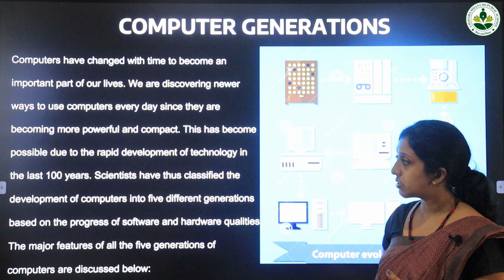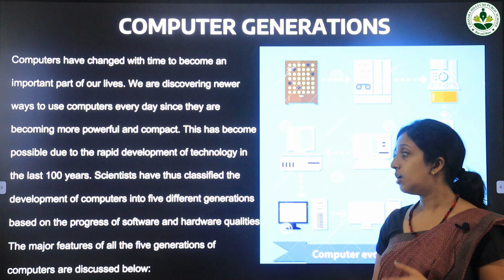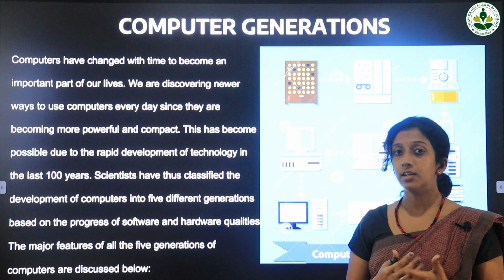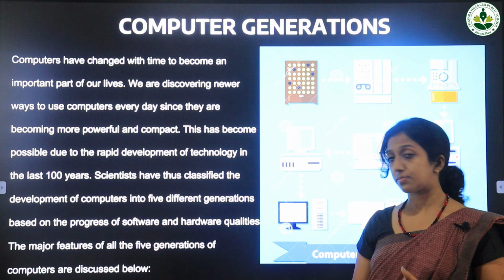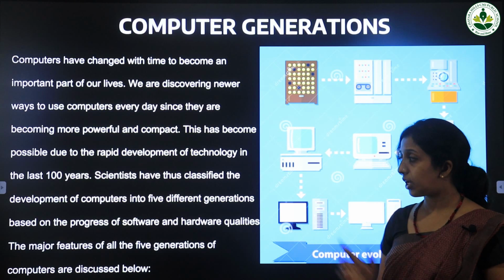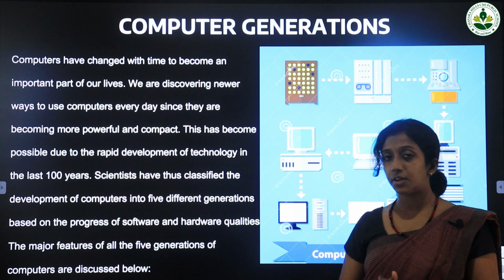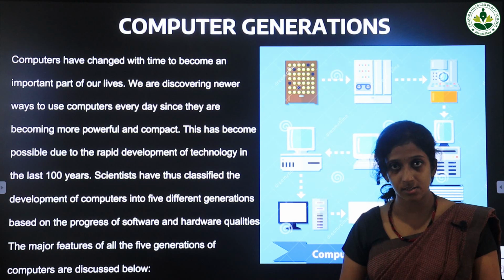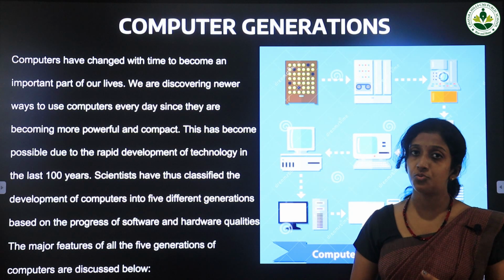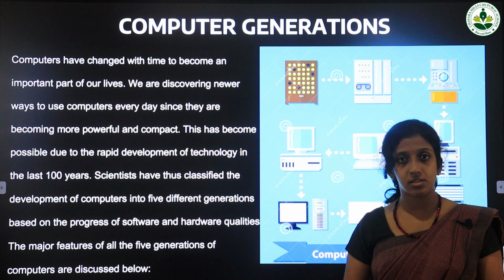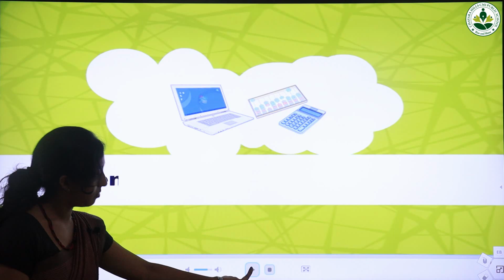Scientists have thus classified the development of computers into 5 generations based on the progress of software and hardware qualities. Next we are going to look at the 5 generations. That means the scientists have classified everything from the abacus to the supercomputer and touch screen mobiles into 5 generations, and let us have a look at the major features of these 5 generations.